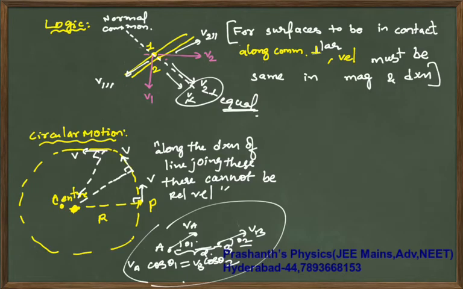So what am I trying to tell you? For two surfaces to be in contact, the velocity components that you have along the direction of the common normal must be the same in magnitude as well as direction. Then only the bodies will not lose contact. Now I will elaborate with different problems, don't worry, but first I have given you the brief idea.